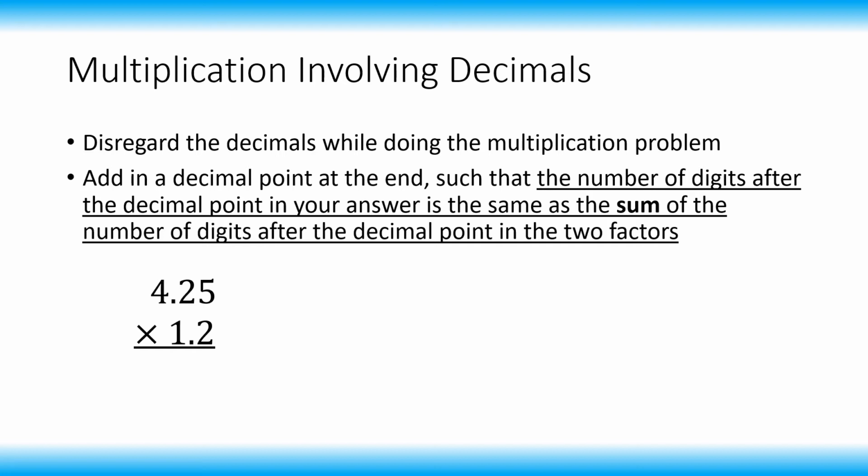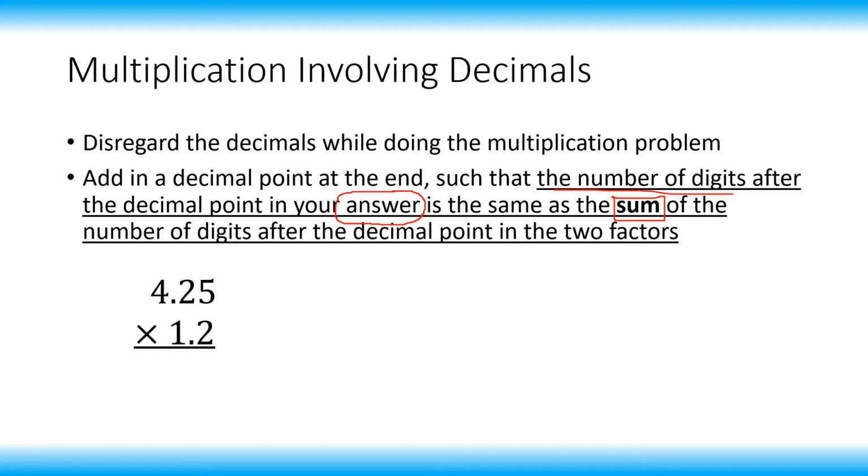Let's begin with the number of digits after the decimal point in your answer. In order to actually put this into practice, we're going to have to get to an answer first. And the number of digits that we have after the decimal point in our final answer needs to be the same as the sum of the number of digits after the decimal point in the two factors combined.